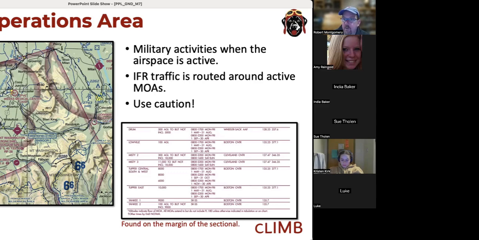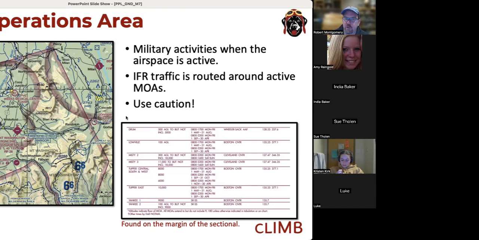IFR aircraft are always routed around active military operations areas. VFR, there's nothing saying we can't go through, right? What they are saying is there's a risk, right? And so you can see that they're charted. And when they're charted, they don't give any altitude information on the chart, right?